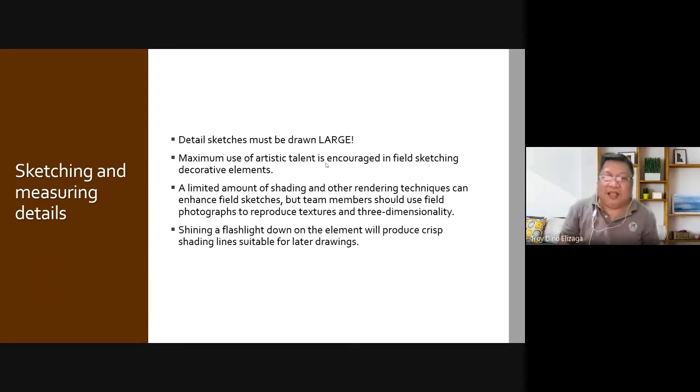Not as much as the architects and everyone else who went through drafting schools in vocational schools may not have that. No? A limited amount of shading and other rendering techniques can enhance field sketches, but team members should use field photographs to produce texture and three-dimensionality. So with the camera, it's easy to capture details.